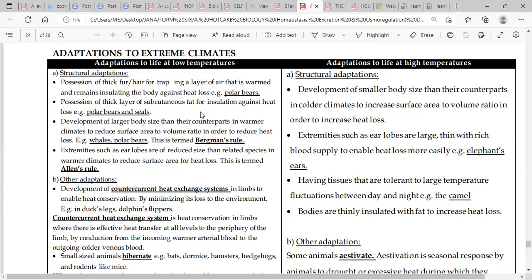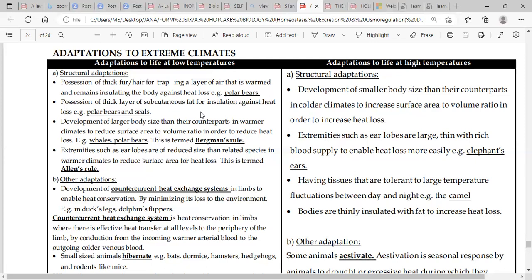They are reduced, which will reduce the surface area for heat loss. And this is Allen's law: possessing extremities that are of reduced size than related species in warmer climates, which reduces the surface area for heat loss. Other adaptations include the development of countercurrent heat exchange systems in the limbs to enable heat conservation.